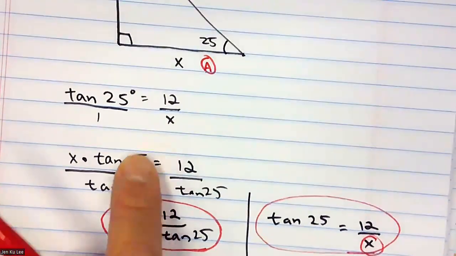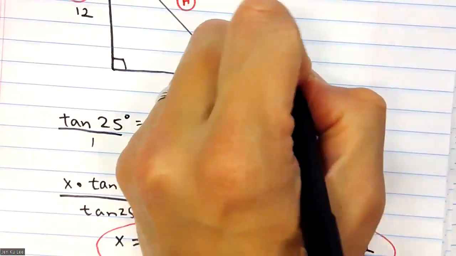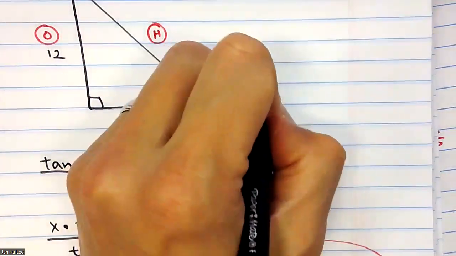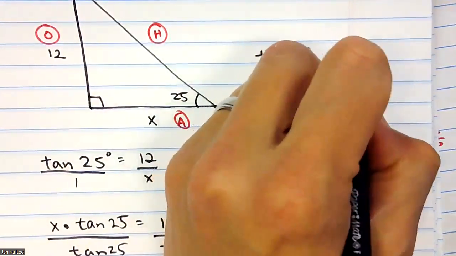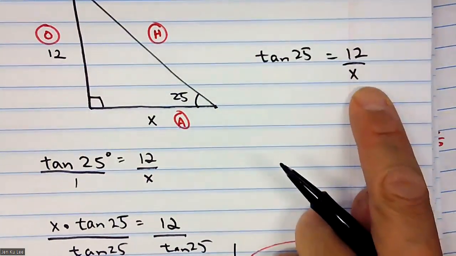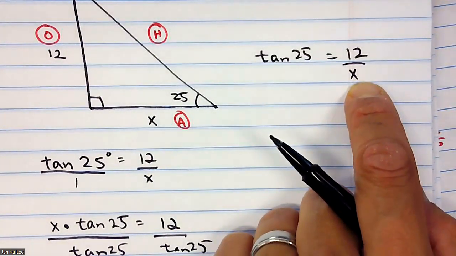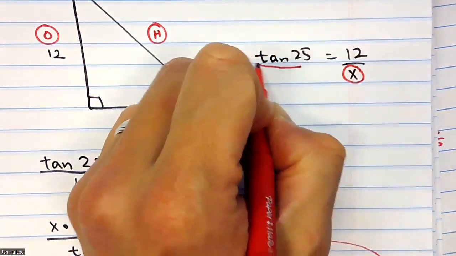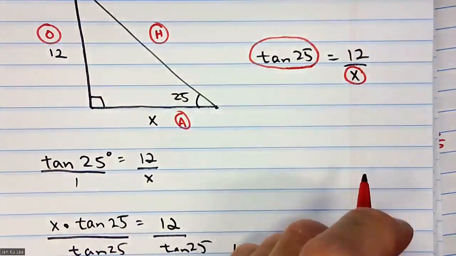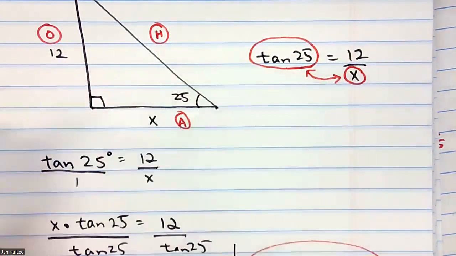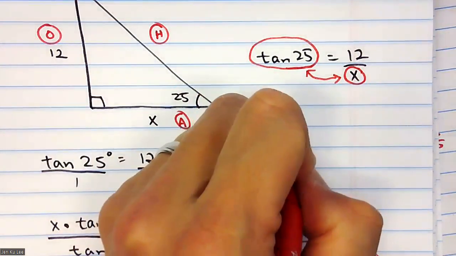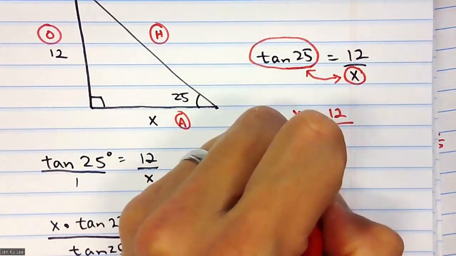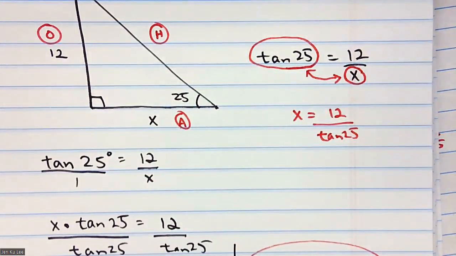So whenever we have something like this, the tangent of 25 equals 12 over x, whenever your variable is in the denominator, all we're going to do to just make the math simple is take these two guys and just switch places. So then x equals 12 divided by the tangent of 25. Okay? That makes sense? All right.